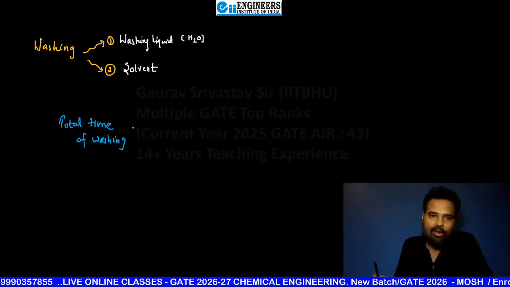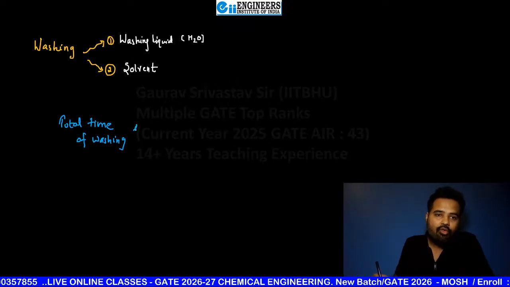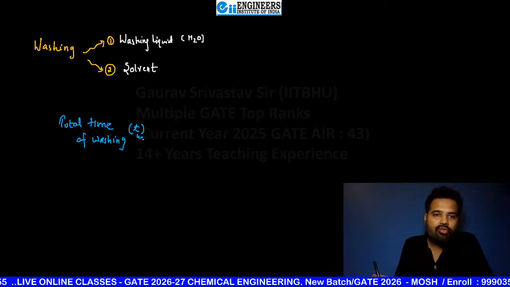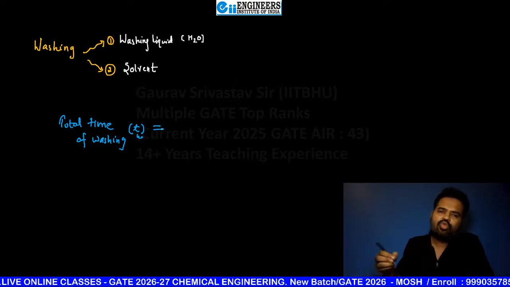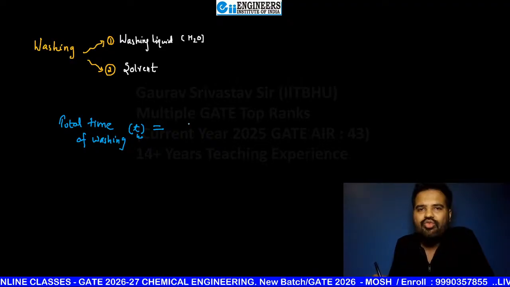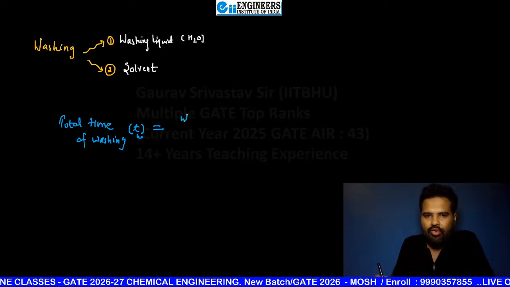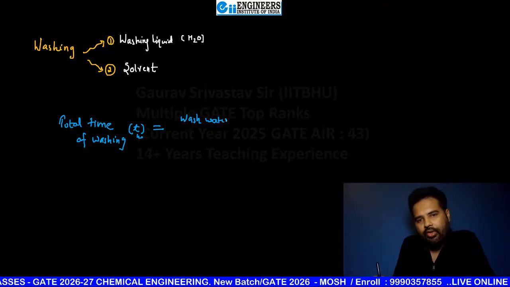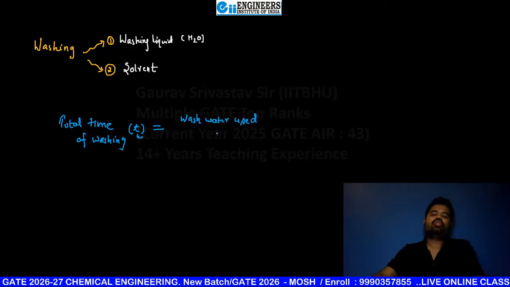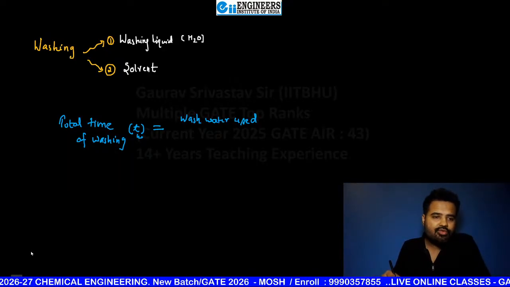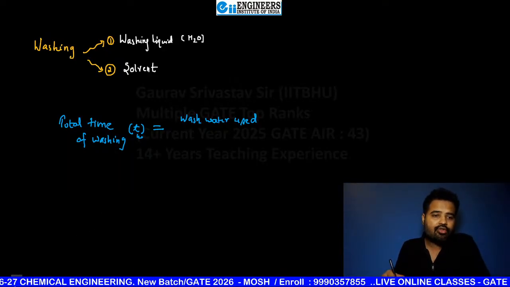Total time of washing, TW, washing time. So very easy. Just you need two things. How much wash water is used by you? Wash water quantity used, or you can say any washing liquid used. Either washing liquid or solvent used.